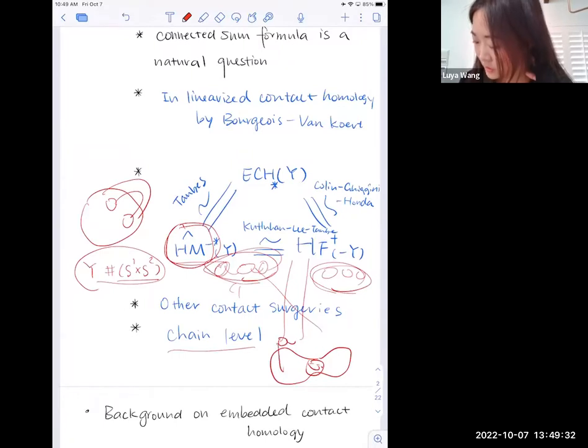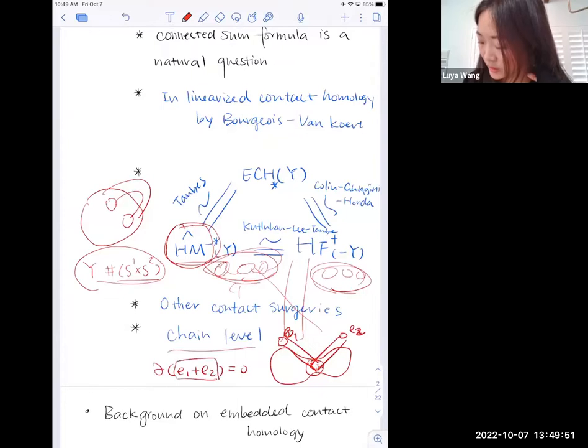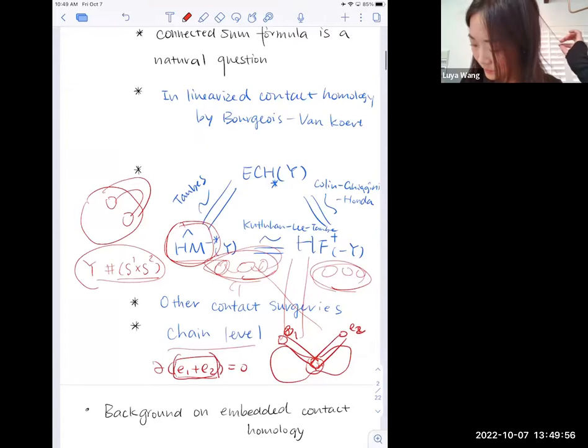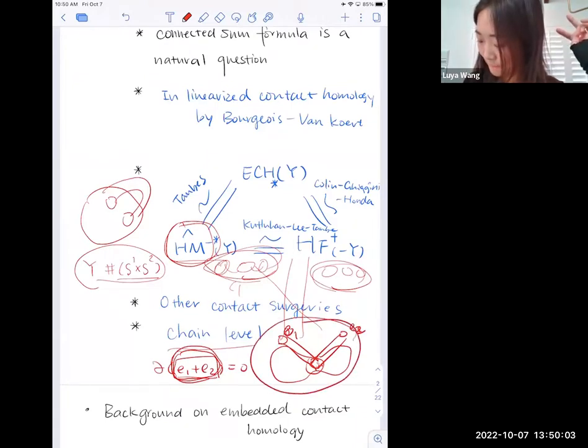Let's say this is the smallest elliptic orbit, and this is the other smallest elliptic orbit. Under this connected sum, partial E1 plus E2 will still give you 0. It's still a cycle. And so I would expect the C1 generating the energy of this orbit set to be the C1 achieving orbit set in the connected sum.